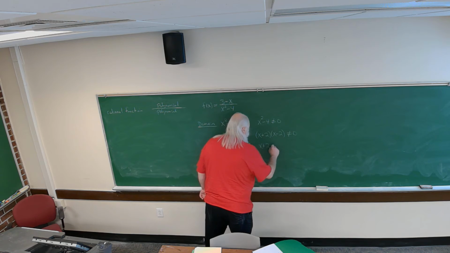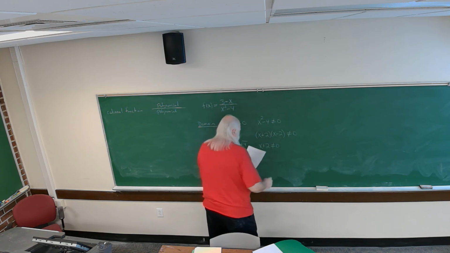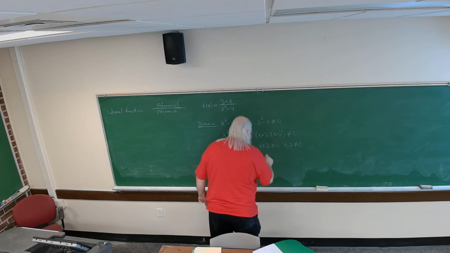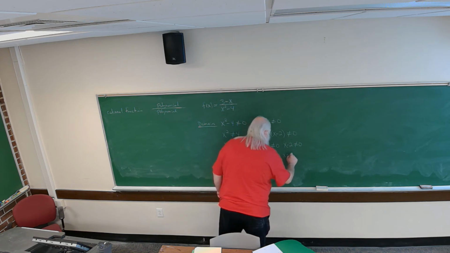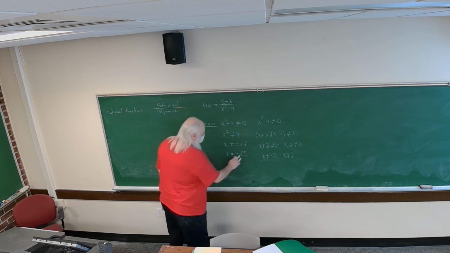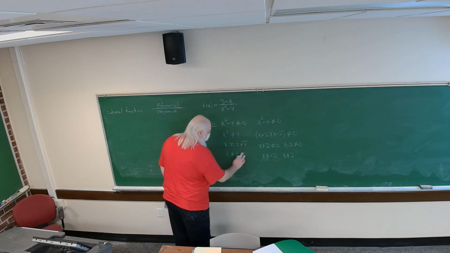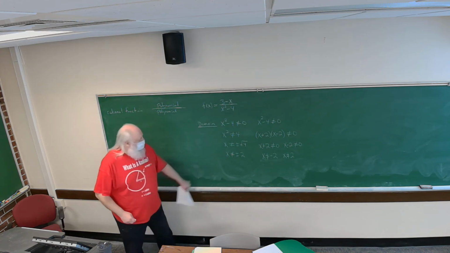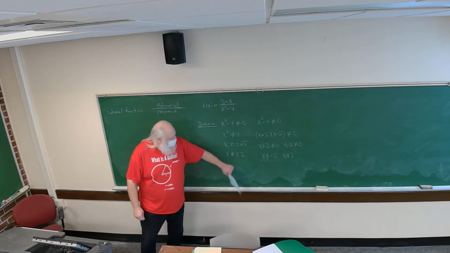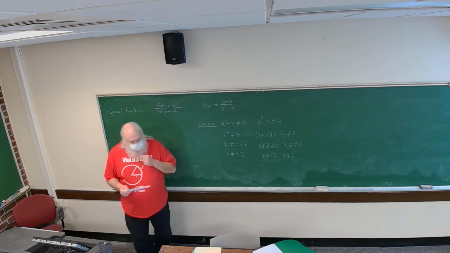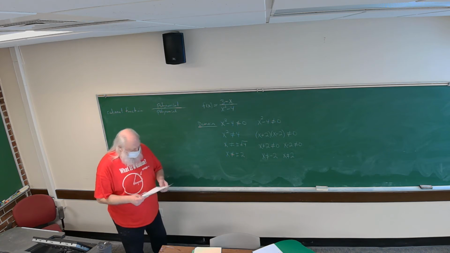You get x plus 2 cannot equal 0, and x minus 2 cannot equal 0, and you end up with x cannot equal negative 2, and x cannot equal plus 2. Same as over here. I made a mistake there; that should not be square root of 2. The square root of 4 is 2. So you have x cannot equal plus or minus 2, the same thing over there. So whatever approach works for you.